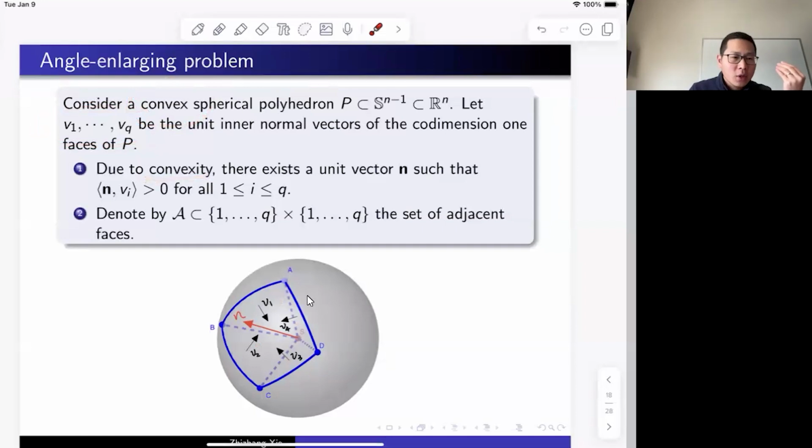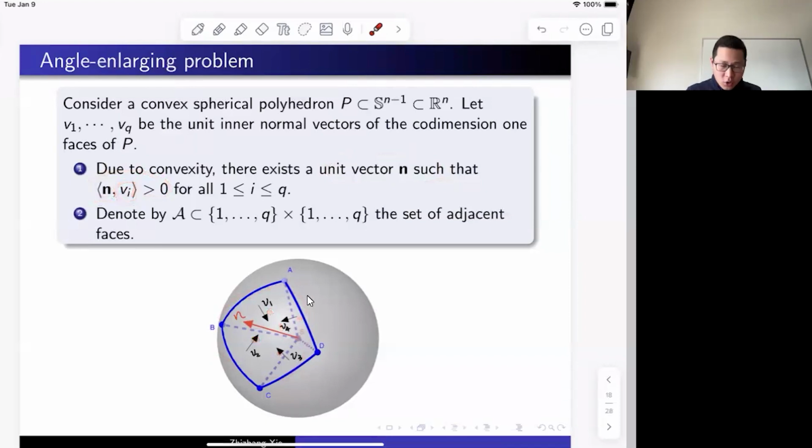The convexity is saying, in some sense, and I'm talking about a version that's weaker than the geometric version, what captures the convexity is that you have a unit vector from the center of the sphere pointing into the interior of this polyhedron, a vector that has positive inner product with each of these inner normal vectors.